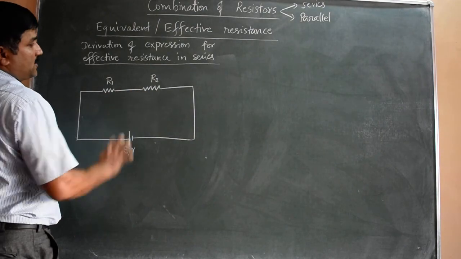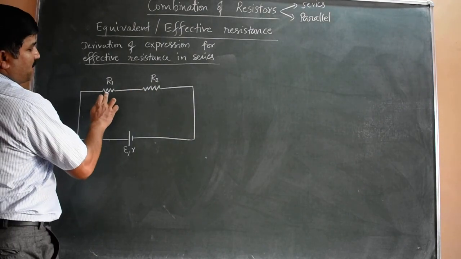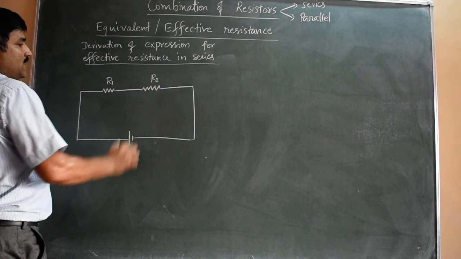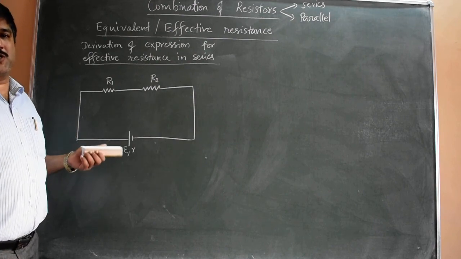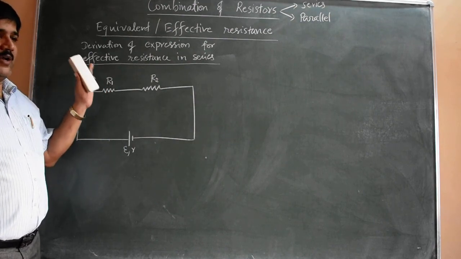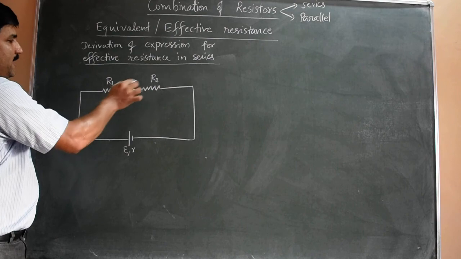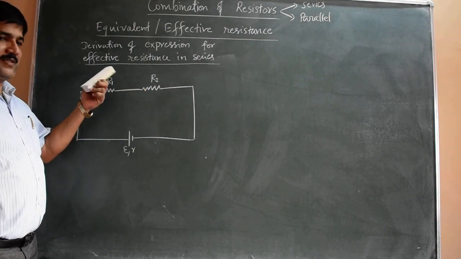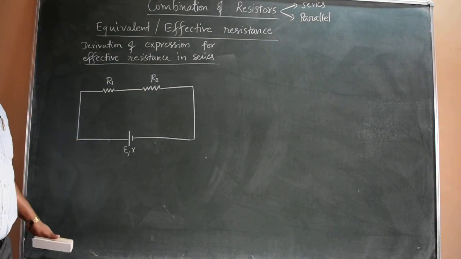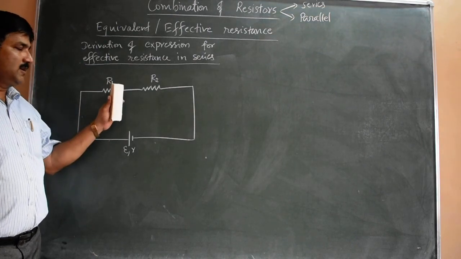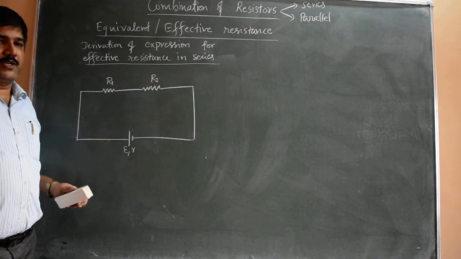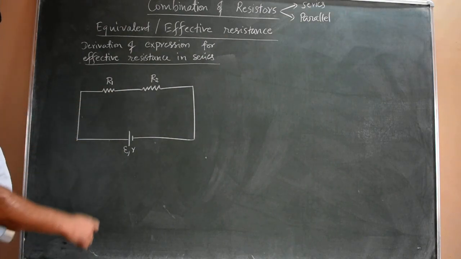This symbol represents resistance. Resistance is the property of a material to oppose the flow of charges. It is quantitatively defined by the ratio of potential difference to the current through it. That ratio gives you resistance.